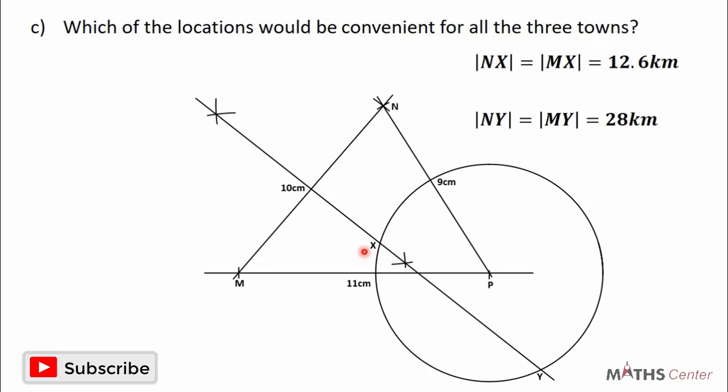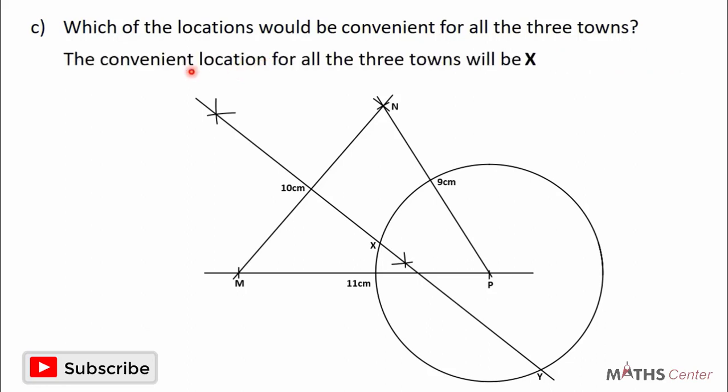This is because if we select point X, traders from town P will travel 10 kilometers to reach the market, and traders from town N and town M will travel 12.6 kilometers to reach the market, which is shorter than the 28 kilometers they will have to travel if we select point Y. So to answer the question, the convenient location for all the three towns will be location X, because if we select location X, the market will be closer to all the three towns.